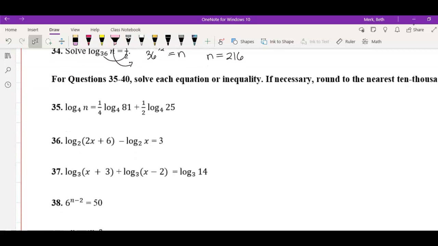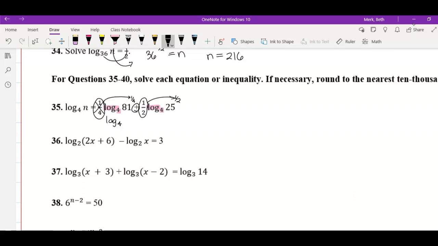Continuing to solve. When I have two logs with the same base, I can rewrite them as one log by first taking coefficients and making them exponents, and then changing the sum between the logs to a multiplication of these components. 81 to the 1/4 is simply 3.